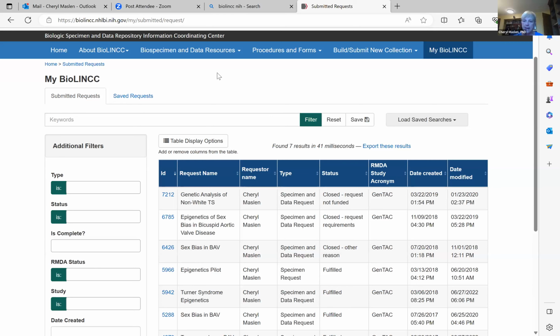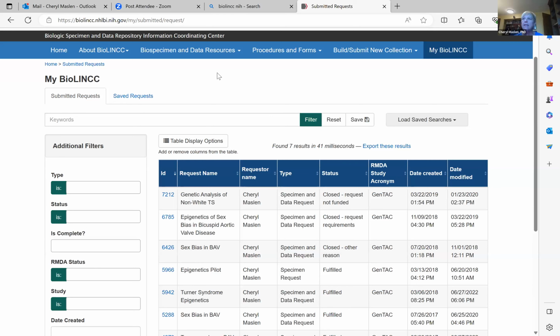They'll look at your protocol and make sure that it's a robust study design and data analysis design. And then they'll go through the vetting process of saying that, yes, this is the kind of project that is appropriate for these BioLINCC samples and data, and then they'll go through the process.